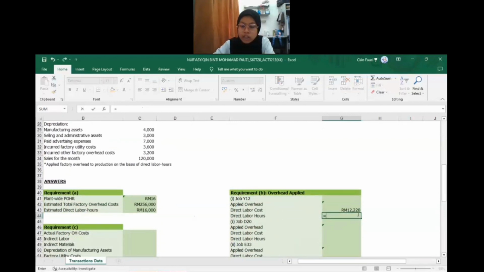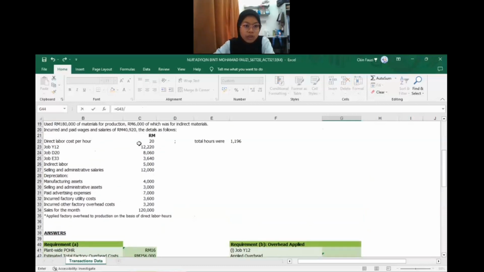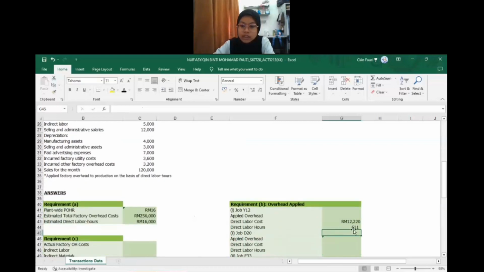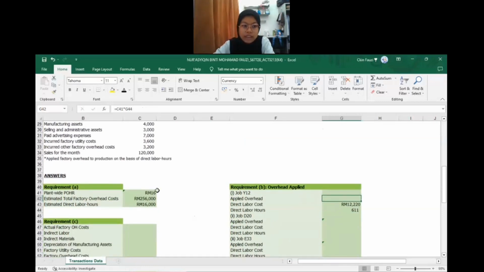How to find? 12,220 we divide by 20 ringgit cost per hour given in the question and we get 611 hours. To find applied overhead for job Y12, 60 ringgit we get from question A times 611 hours.